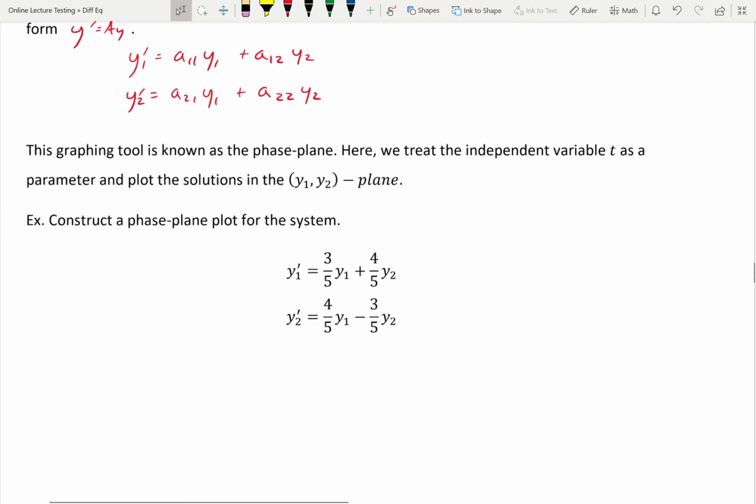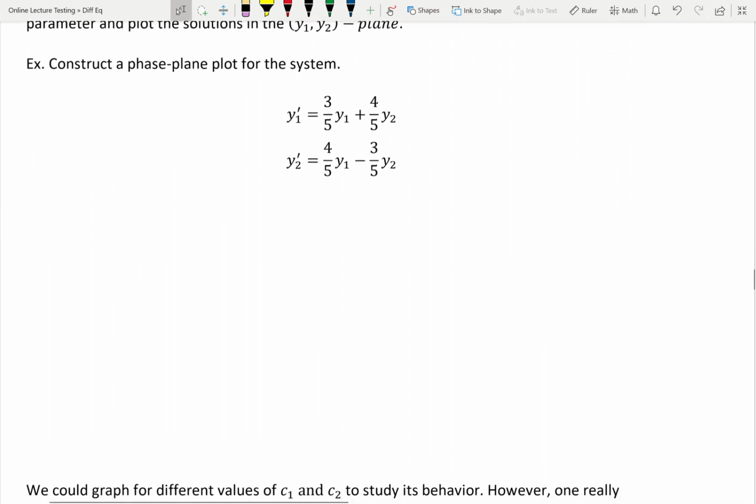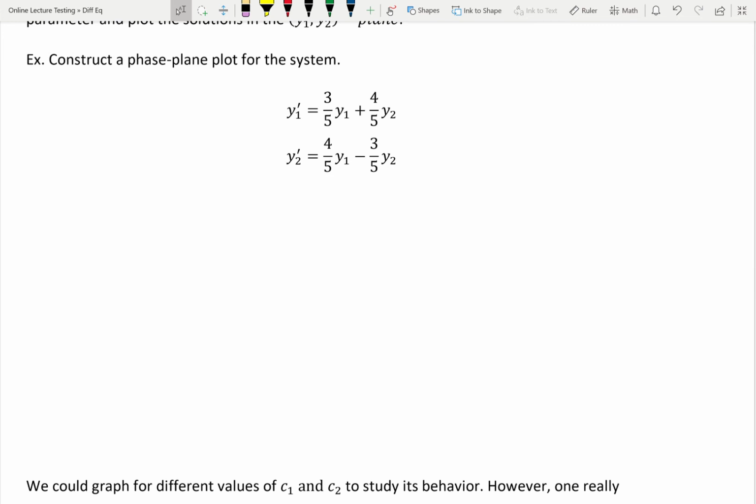All right. So to construct a phase plane plot for the system, we would typically have to find the general solution. Here, A would equal 3/5, 4/5, 4/5, negative 3/5, and then we'd solve. Here I'm going to go ahead and give you the general form of it.